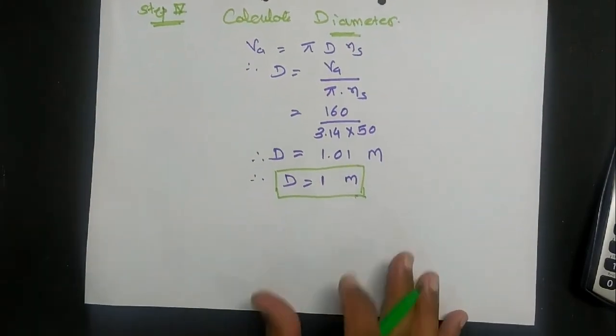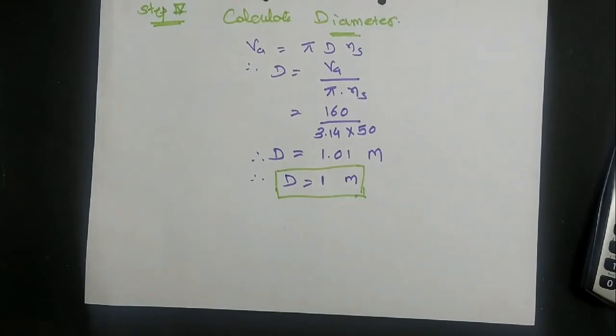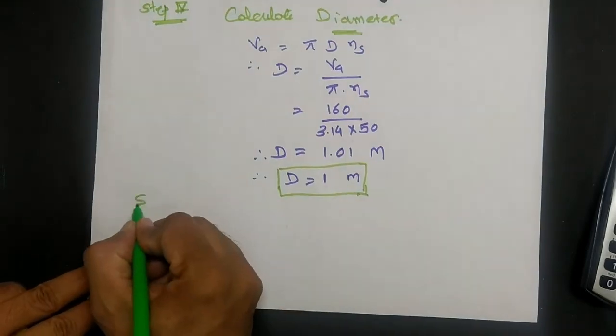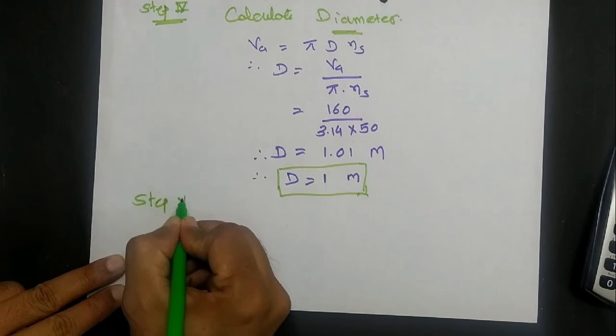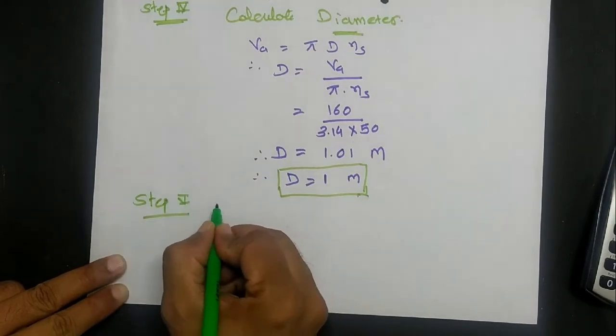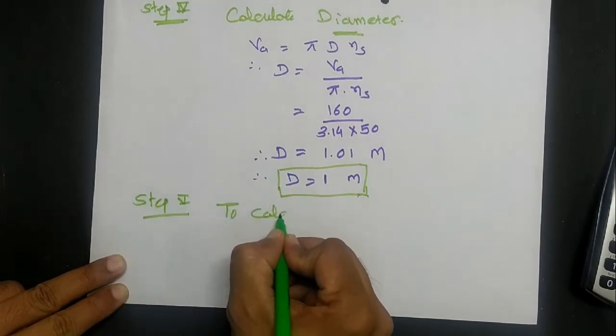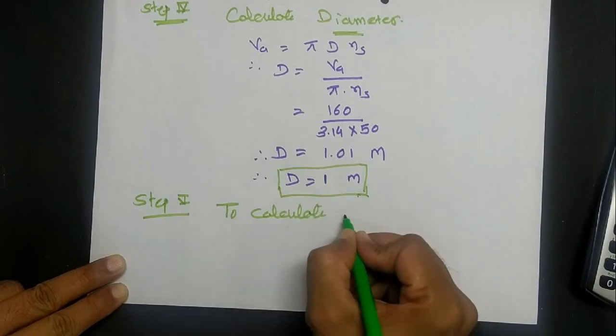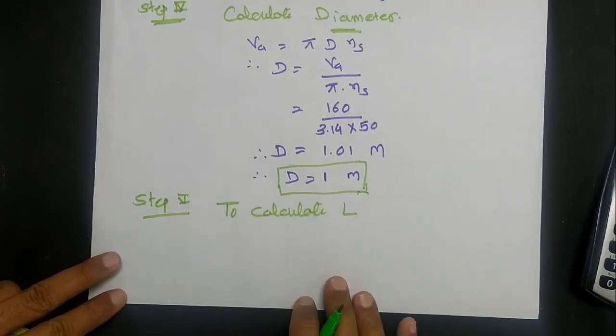So if diameter is available, then we can start our step 5, and that is to calculate length.